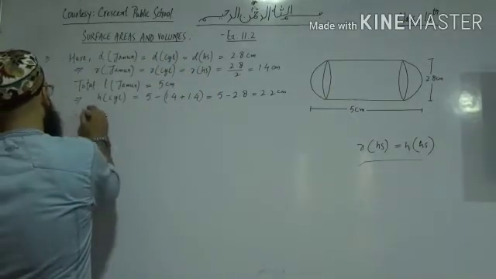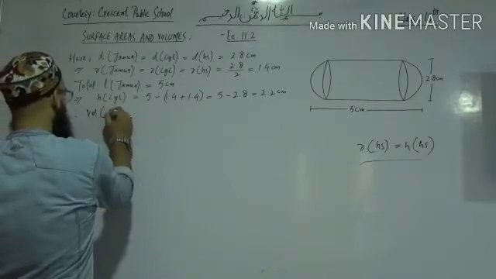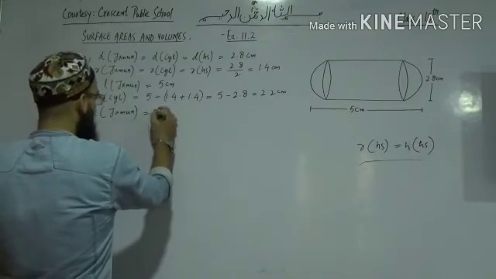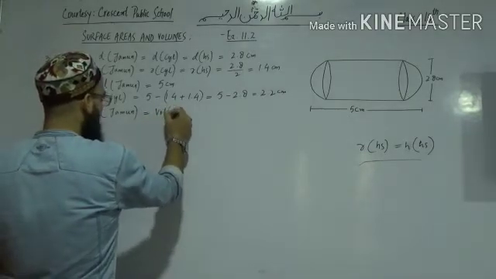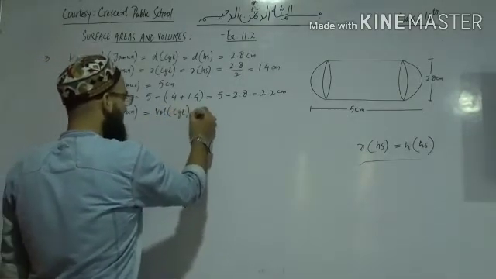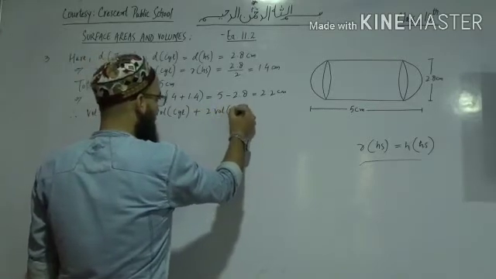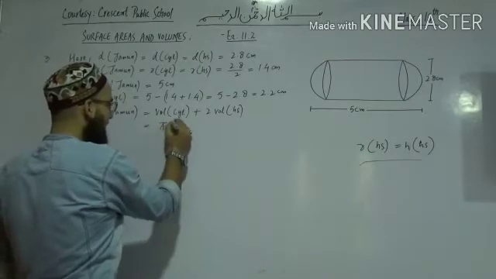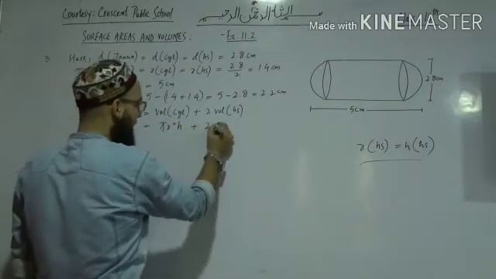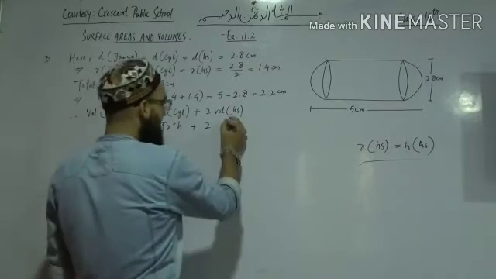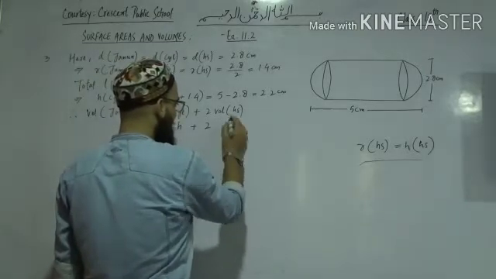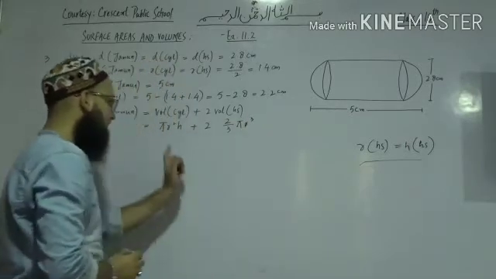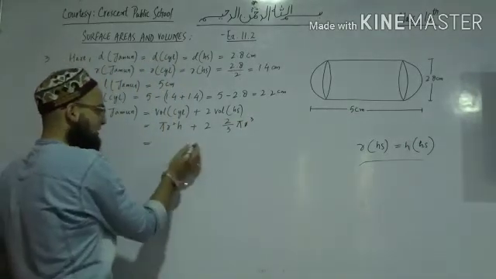Therefore, now we can find the volume of the jamun. That is equal to the volume of the cylinder plus twice the volume of the hemisphere. Volume of the cylinder is pi r squared h, plus twice the volume of the hemisphere, which is 2 by 3 pi r cube. Radius being the same, you can take it out.